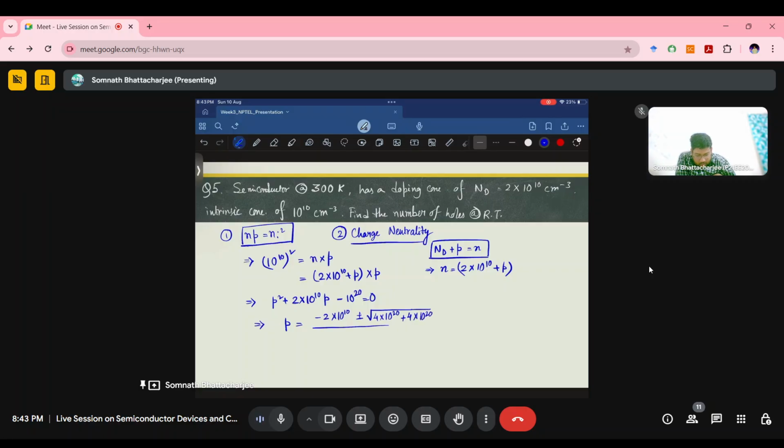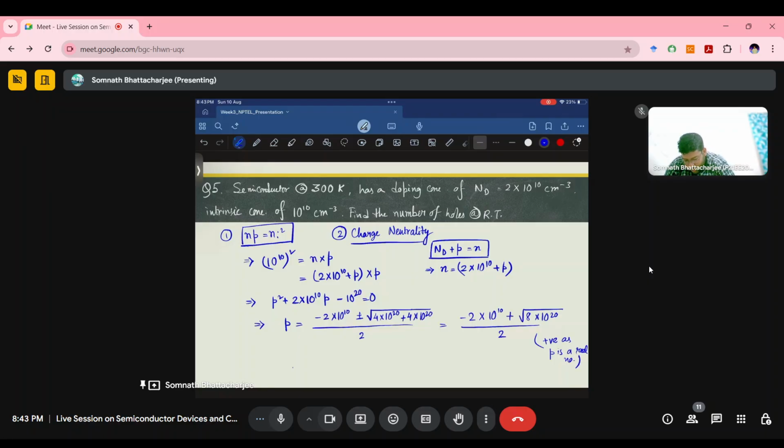So this would be 8 into 10 to the power of 20. So this would be plus root over of 8 into 10 to the power of 20, whole divided by the value of 2. So we are considering the positive, as p is a real number.